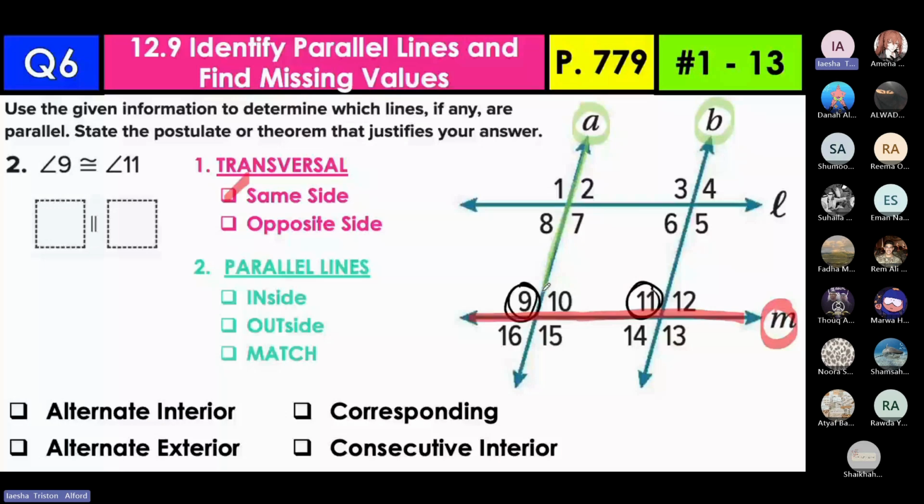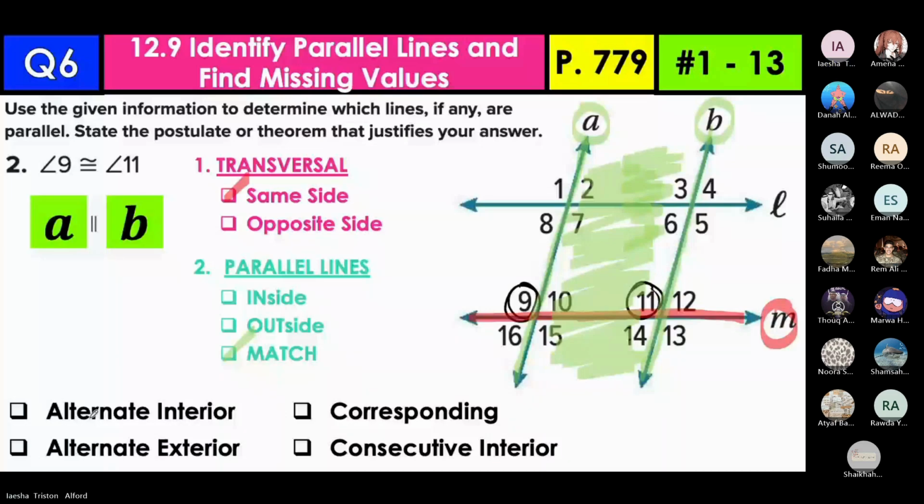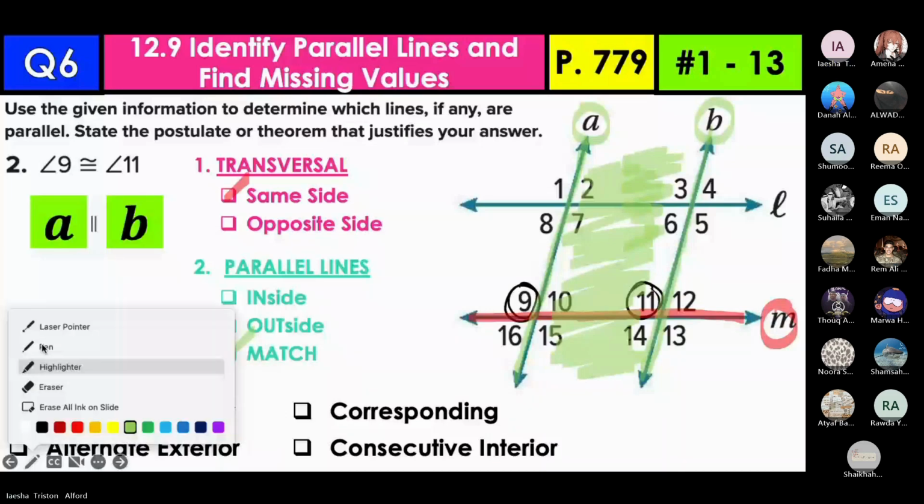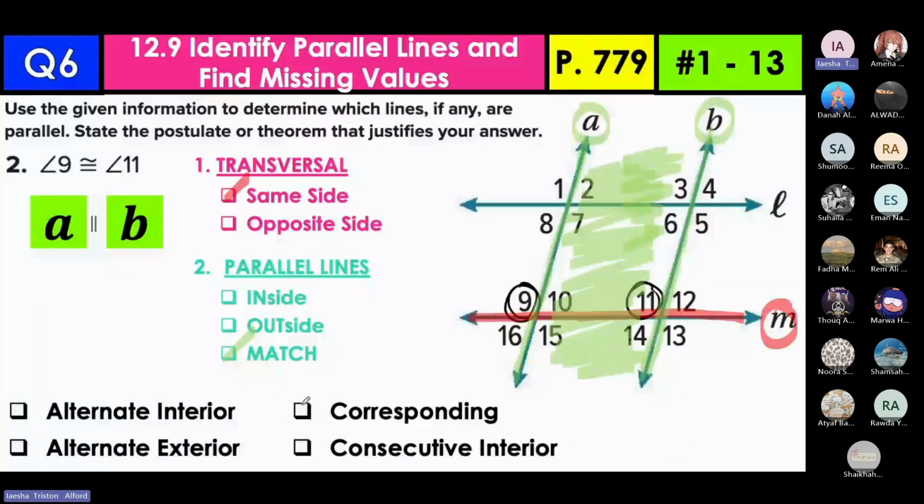So A and B. When you're talking about 9 and 11, inside, outside, or match? Match. So the parallel is A and B. What is the name? Corresponding. Done.